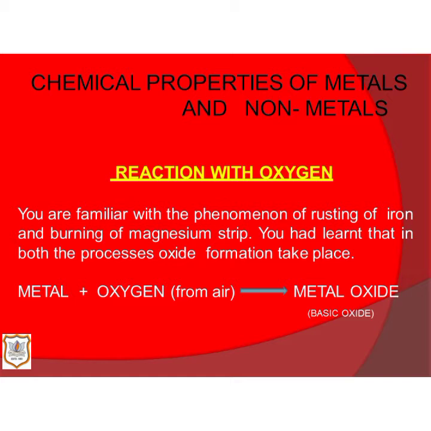You had learned that in both the processes oxide formation takes place. It means when metals react with oxygen, it forms metal oxide. Metal oxides are basic in nature. Thus, on burning metals react with oxygen to form basic oxides. Metals plus oxygen is equal to metal oxide.